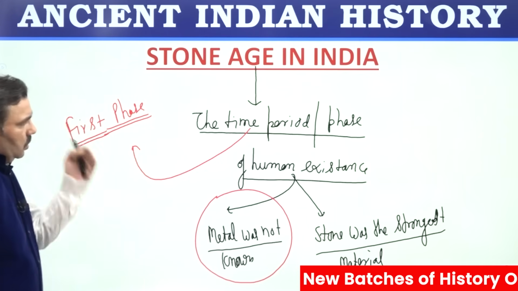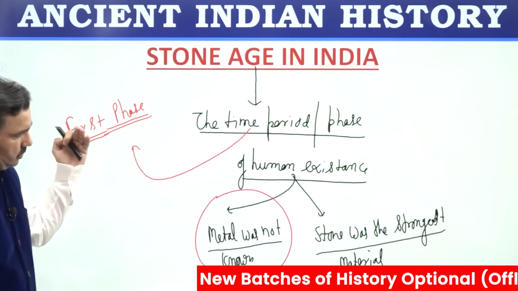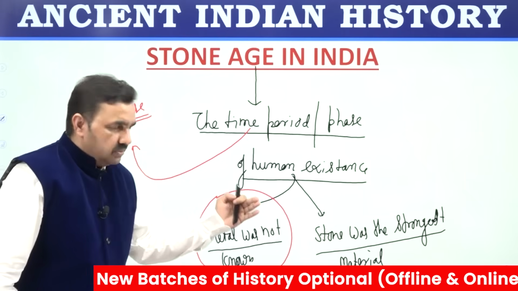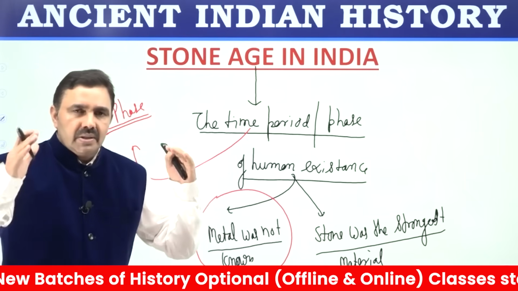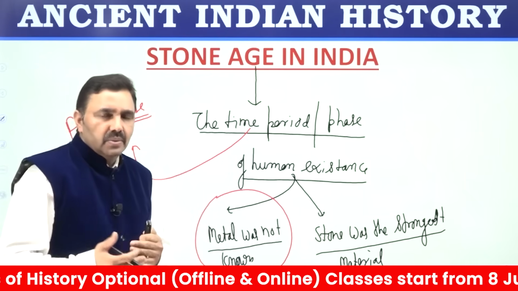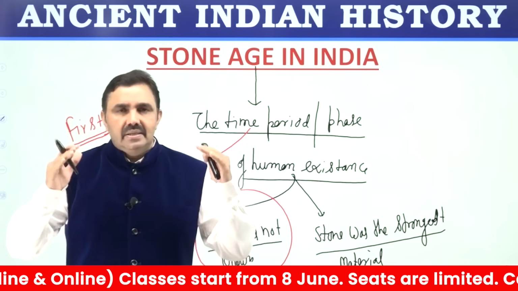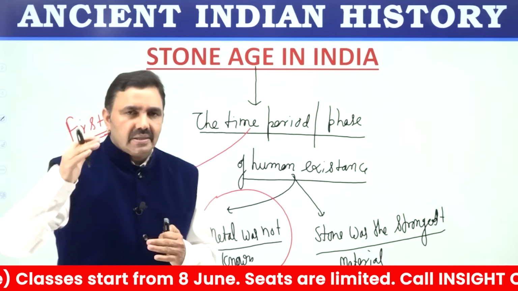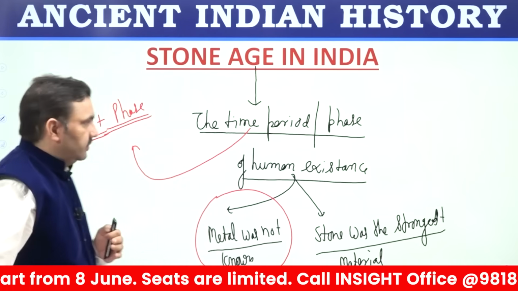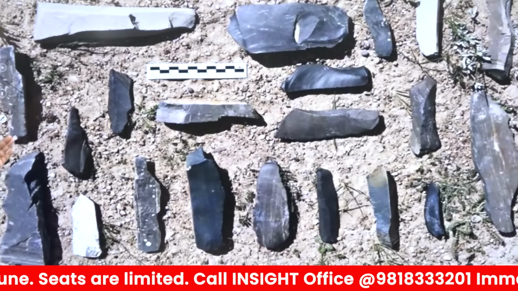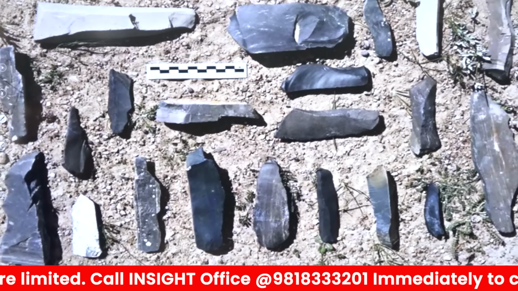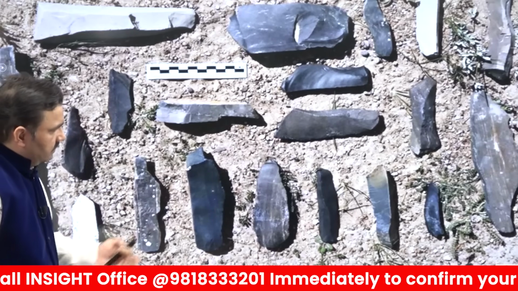So Stone Age was the first phase of human existence. This was the age during which metal was not known and stone was the strongest material. In other words, stone technology was the most advanced technology during Stone Age.